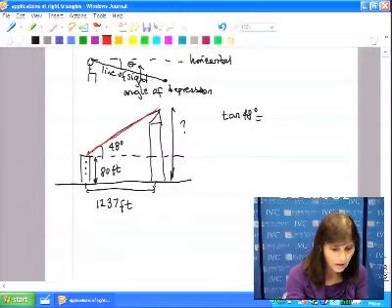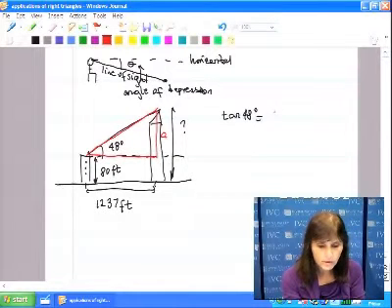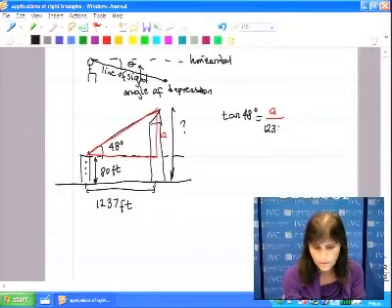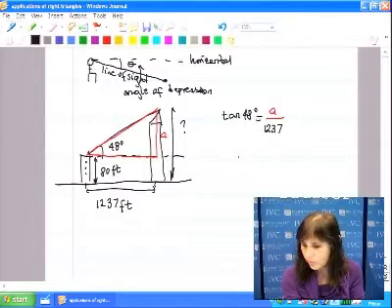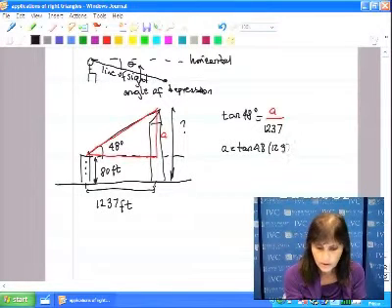We are looking at this triangle here. Let's call this A. So this is opposite over adjacent, and when you plug that in, you get A equals tangent 48 times 1237.